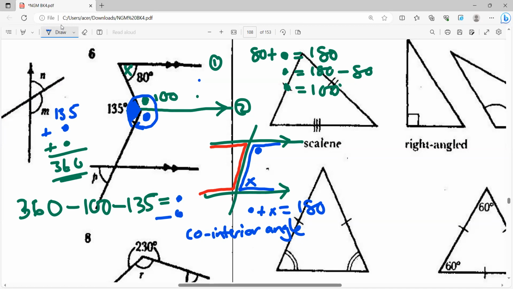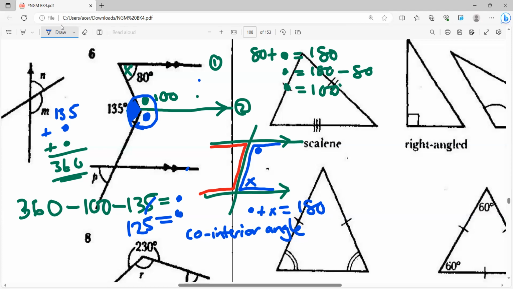So the blue guy is equal to what? Let me quickly do that. 360 minus 100 minus 135. So the blue guy is 125.